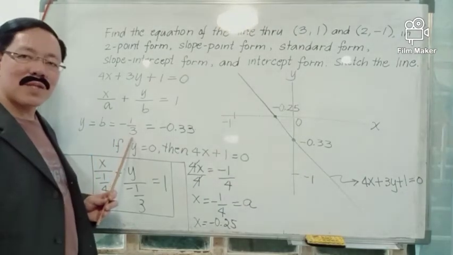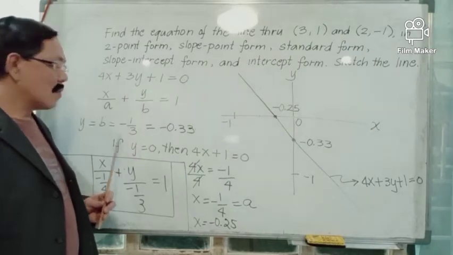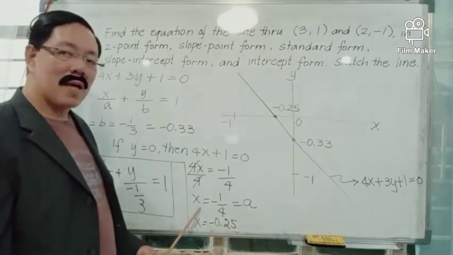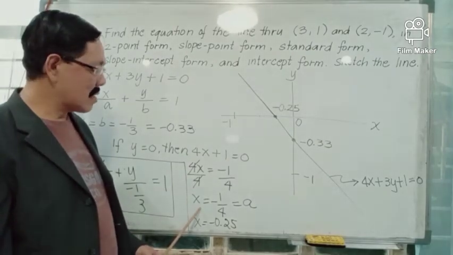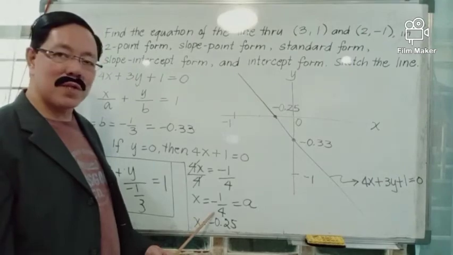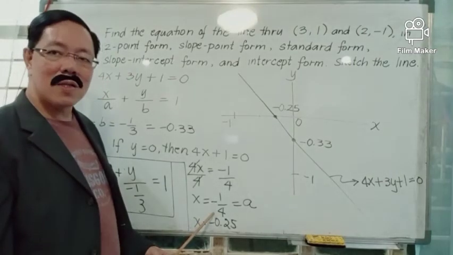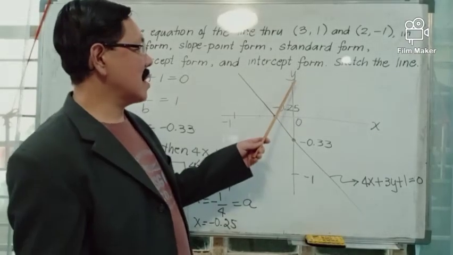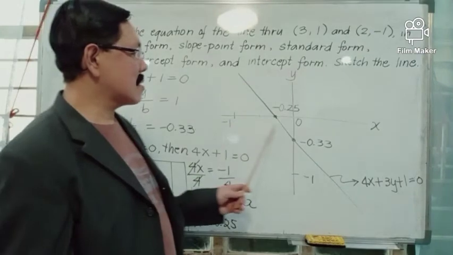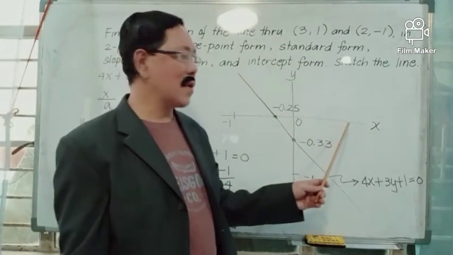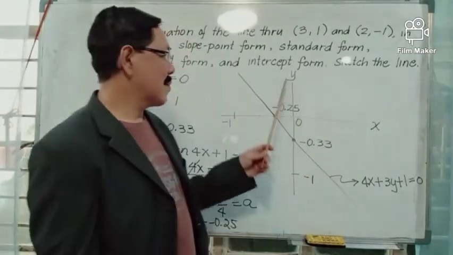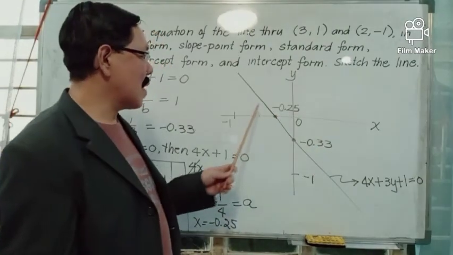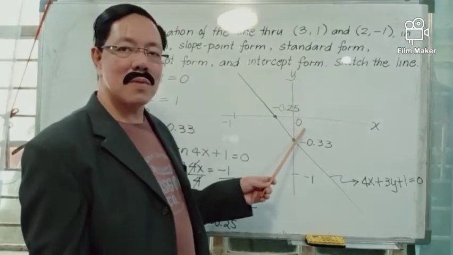Y equals negative 1/3 is a point on the vertical axis. And the x-intercept, x equals negative 1/4, is a point on the x-axis. We sketch the graph in the Cartesian plane with two axes. The horizontal axis is denoted by x. The vertical axis is denoted by y. And the intersection of the two axes is denoted by 0.